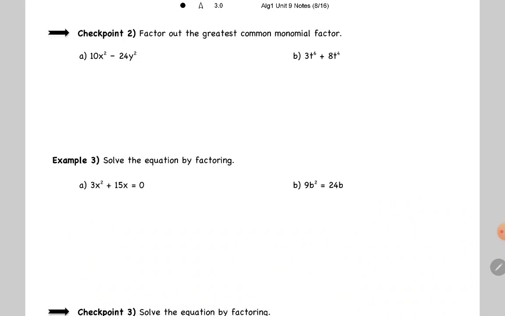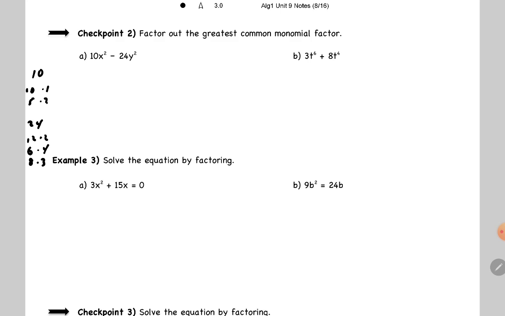Alright, let's do another one. So we're looking at factors of 10, which is 10, 1, 5, 2, and that's it. 24, we have 12 and 2, 6 and 4, 8 and 3.